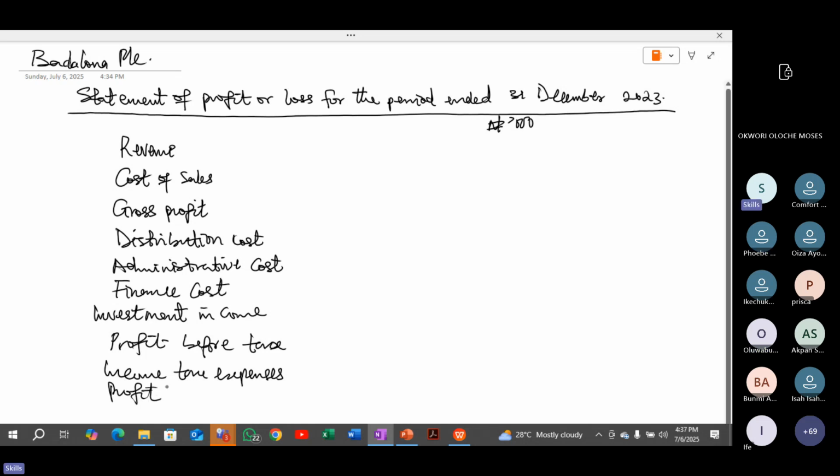So now, what you need to capture is the profit from continuing operation, net of tax.